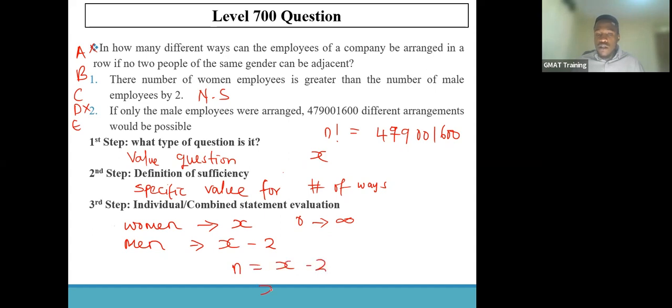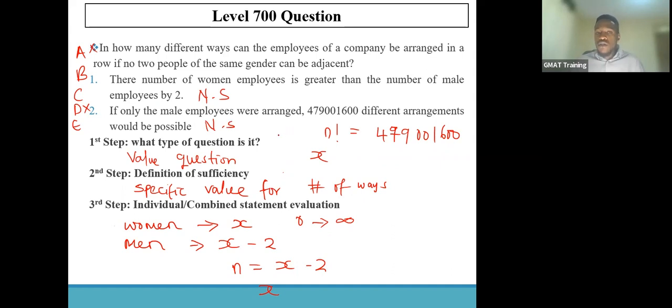But before doing this combination, the second statement would only help us to find the number of men. It doesn't help us to find the number of women. And since the question stem requires us to find the different ways of arranging these employees, it becomes insufficient, because it doesn't help us to find the number of women.